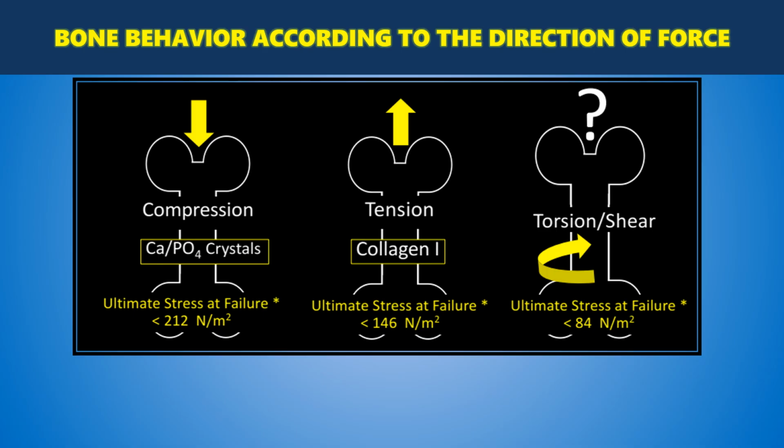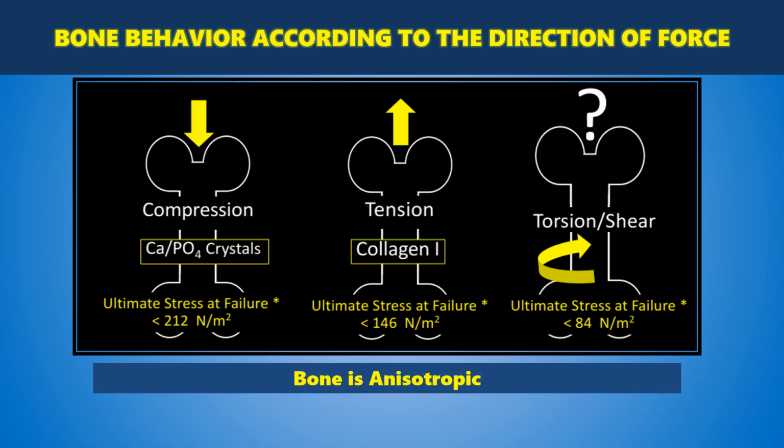But when we are exposed to a tensile force, the bone will fail at a lower stress, less than 150 newtons per meter square, and we are weakest to shear forces. The bone will break or will fail at stresses lower than 100 Newton per meter square.